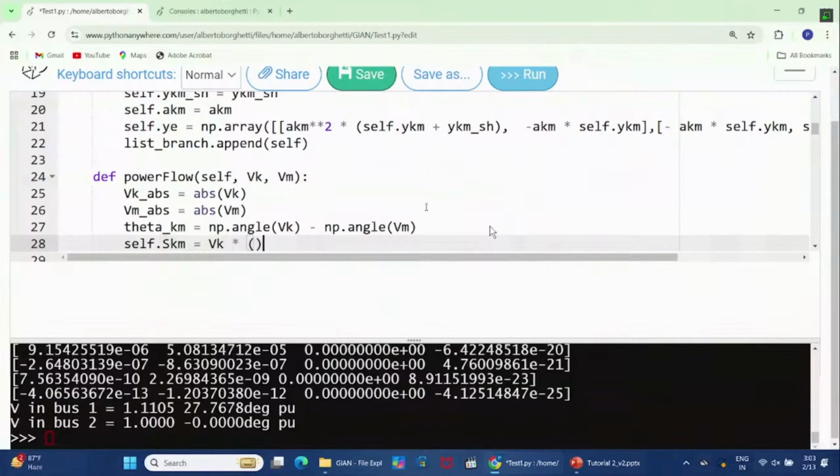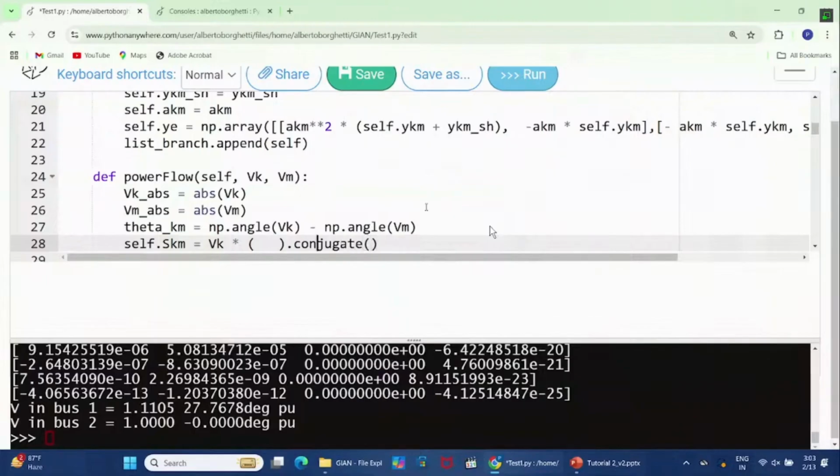I put the parentheses so as not to forget to put the conjugate at the end, so I put it just at the beginning. So dot conjugate. Unfortunately, this is a function in Python without arguments, and it wants to open and close the parentheses without arguments. It is a strange thing, but we need to write this.